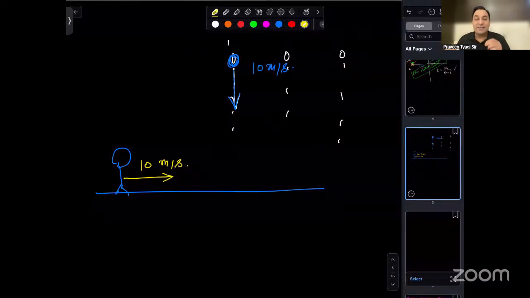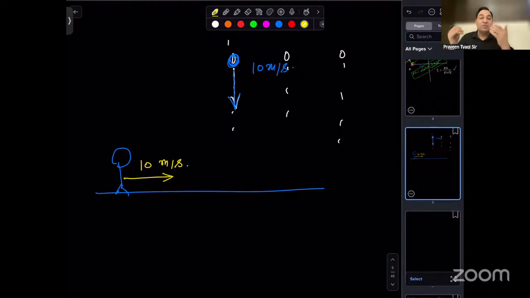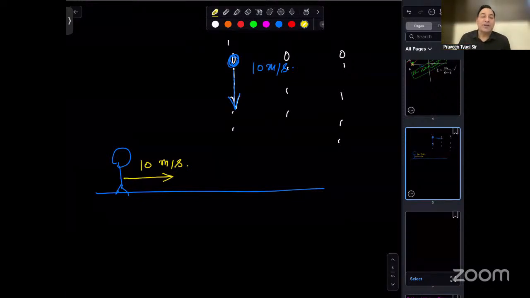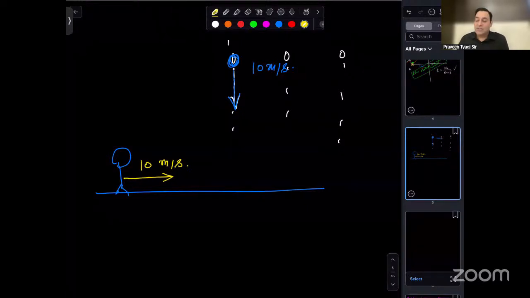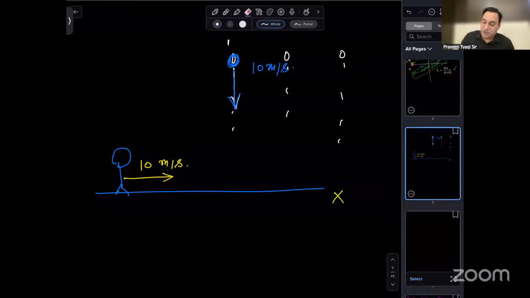So this is simply a case of velocity of raindrops as observed by the man. That is what we have to find out, relative to the man, how he is feeling that the raindrops are falling while he's moving. So this is a relative velocity question. I can assume this to be the x-axis and the vertical direction to be the y-axis.